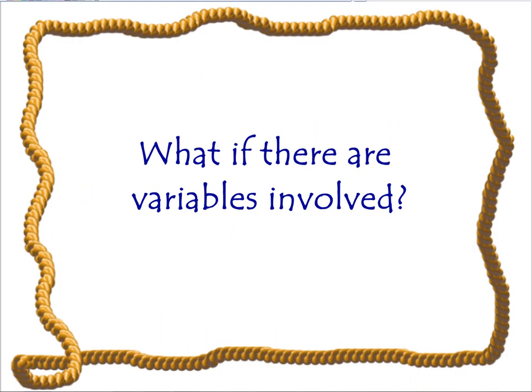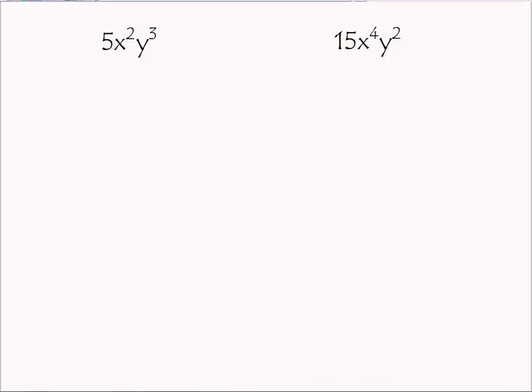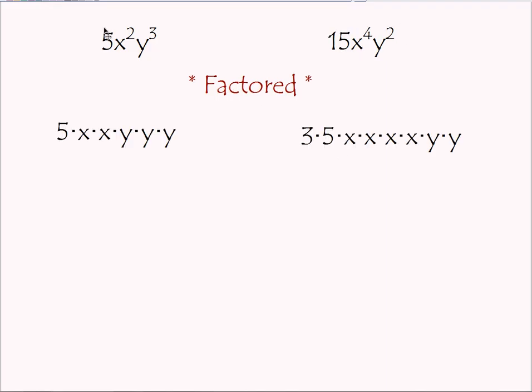So let's take a look at terms where there's variables involved, like 5x squared y cubed and 15x to the fourth y squared. I want to factor both of those terms. So if I factor both, and 5 is already a prime number, so I'm going to leave it as 5.